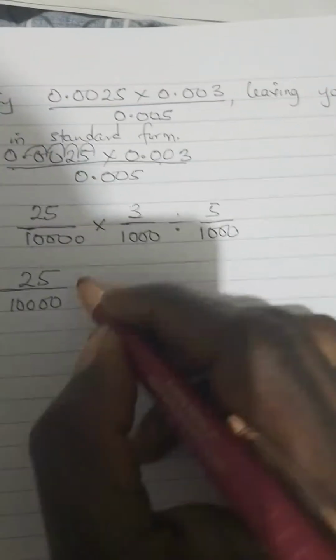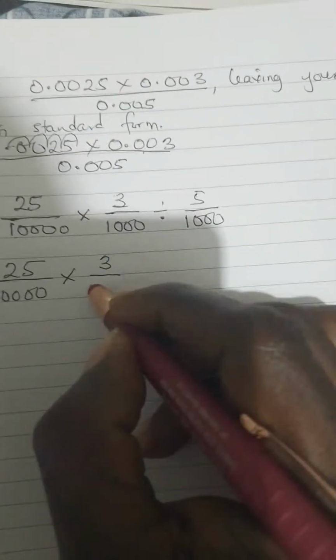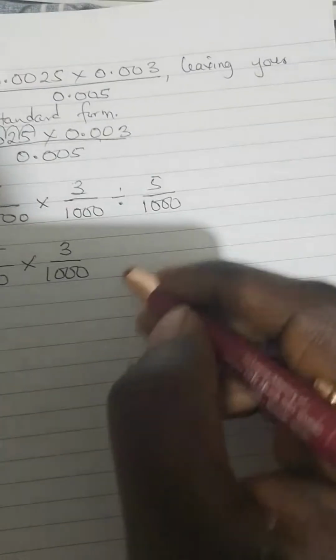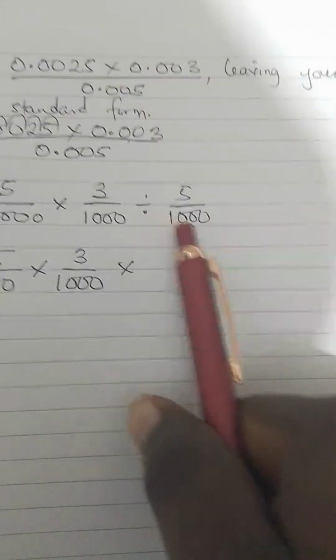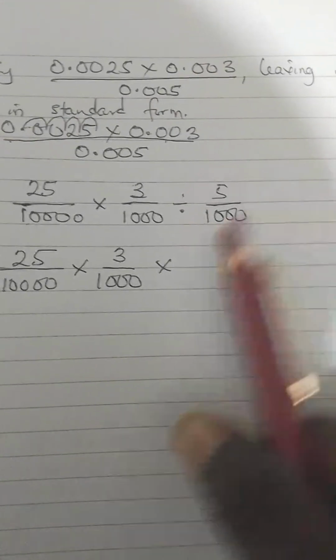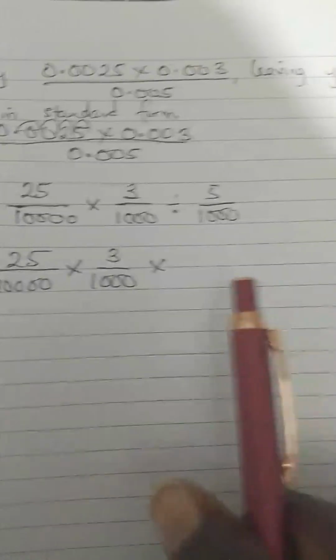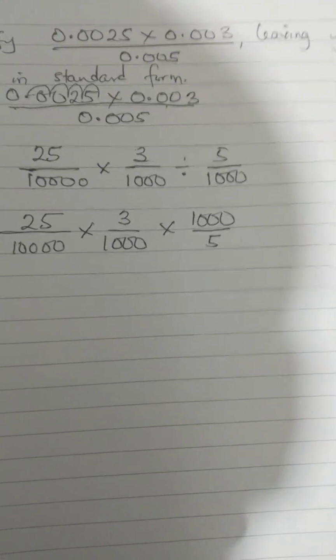So here we have 25 on 10,000 times 3 on 1,000 times, if you change division to multiplication, you have to interchange the numerator and the denominator. So 1,000 will move up and the 5 comes down.